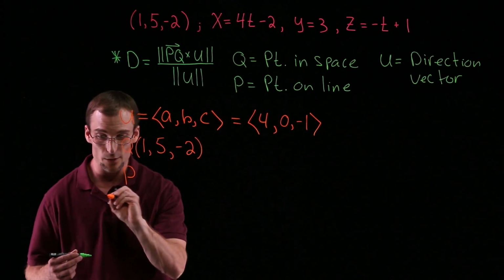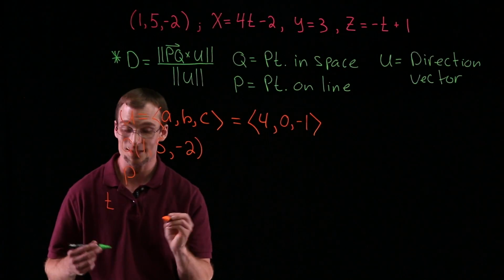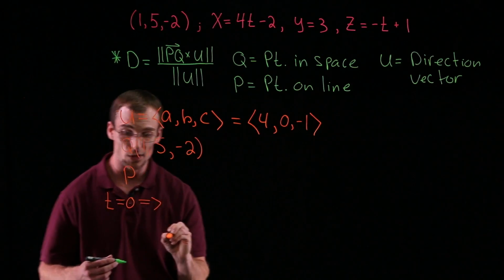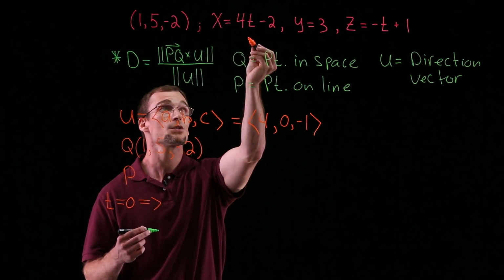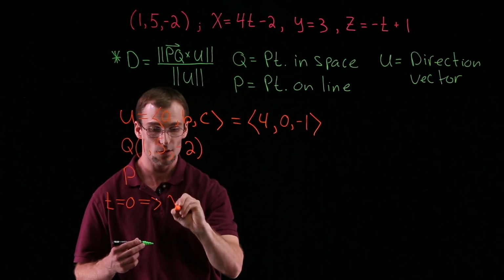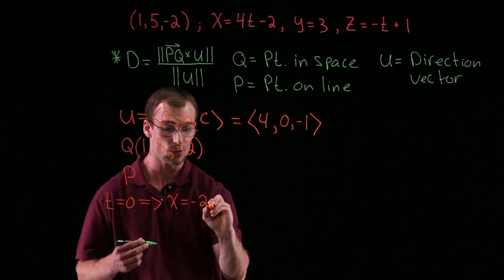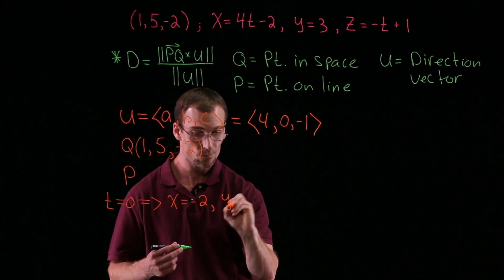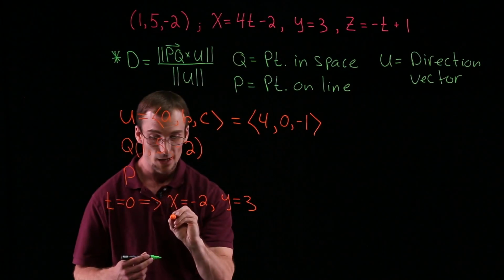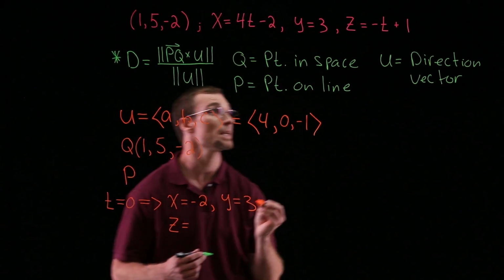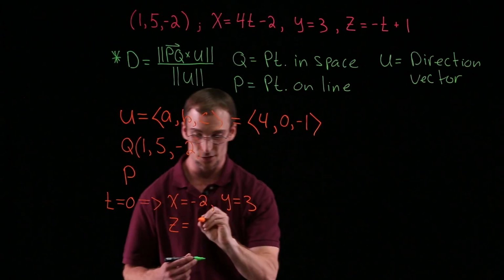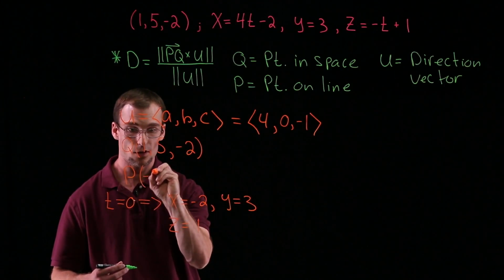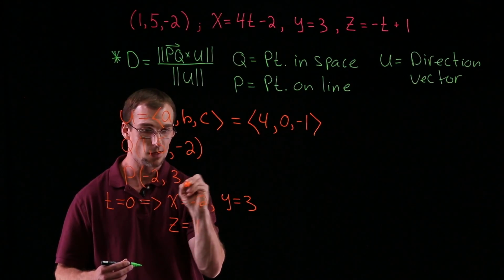So we can pick a value of t that's easy to compute with, say t equal to 0. Then x equals 4 times 0 minus 2, or -2. y is still just the constant 3, and z is just 1. So there's our point P, with coordinates (-2, 3, 1).